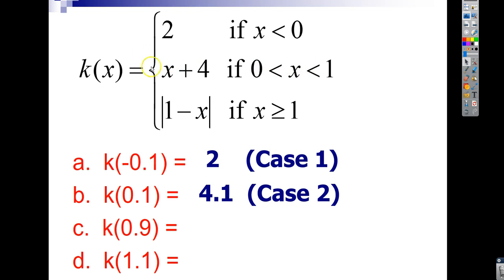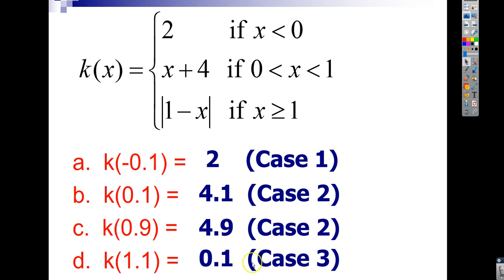So if we say x plus 4, or 0.9 plus 4, we should get 4.9, because we had to use this case. 1.1 is greater than or equal to 1, so we have to put it in here. So 1 minus 1.1 is negative 0.1, and the absolute value of that would be 0.1. So it's this case right here.